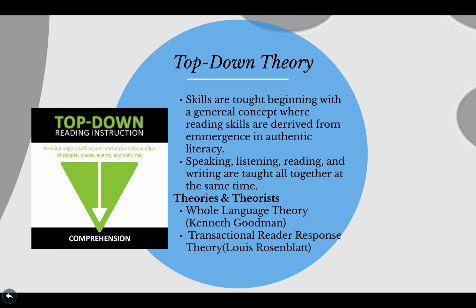The top-down approach emphasizes the importance of background knowledge when reading, and this includes background knowledge of the topic, knowledge of text structure, including word and sentence structure as well, and also vocabulary knowledge. So when reading, all of these sources are used in order to make meaning of the text, according to the top-down theory.